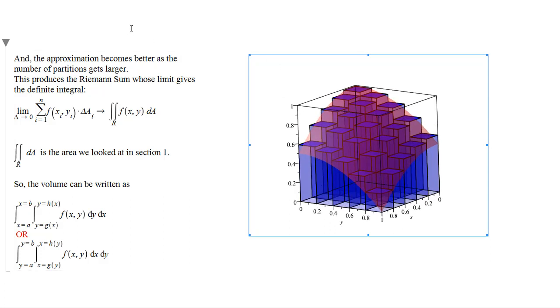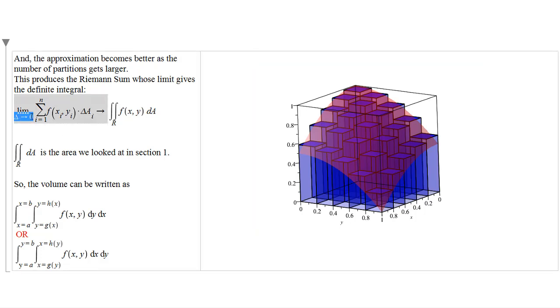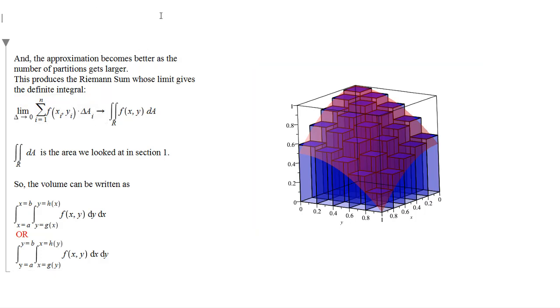To get a better approximation and for this to become an integral, we need to take the limit as the norm of the partition goes to 0, which means the number of subintervals is going to infinity.